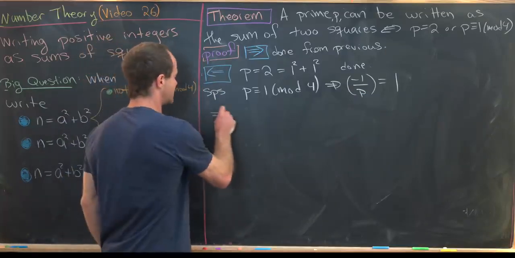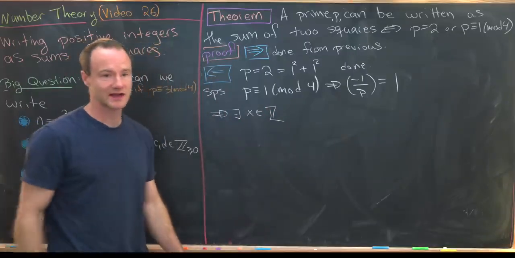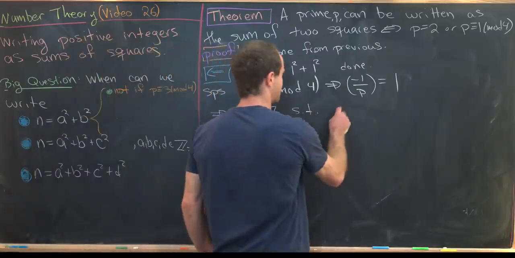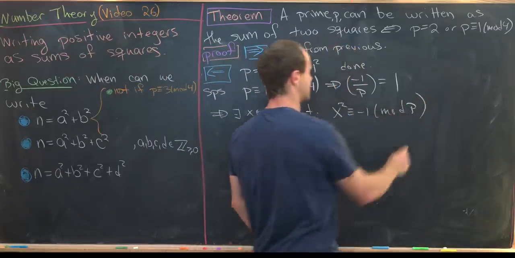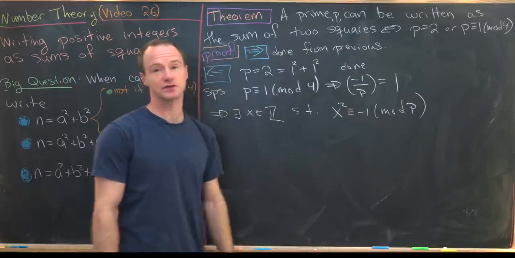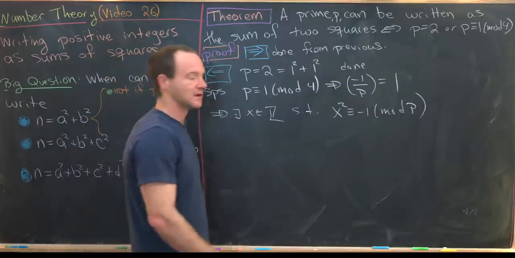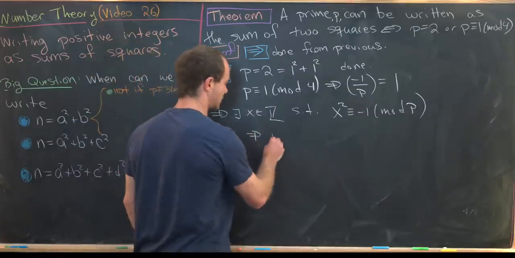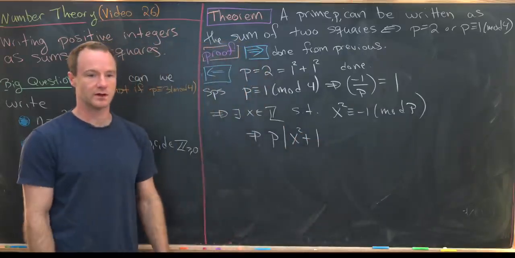Okay, but that means that there exists some integer which I'll call x, such that x squared is congruent to -1 mod P. Well, just remember that being a quadratic residue means that you have a solution to this type of quadratic congruence. But by the definition of congruence, that means P divides x squared plus 1.